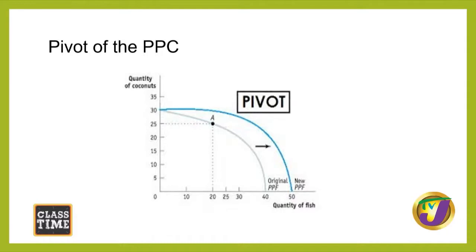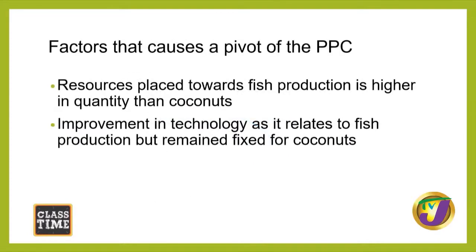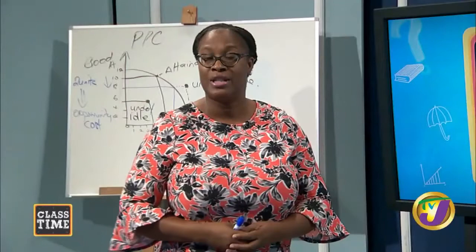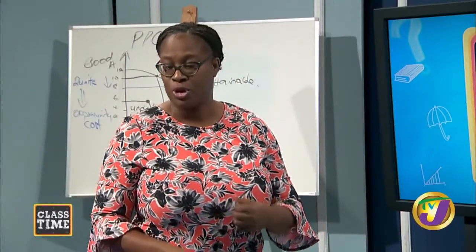So what you will find in this situation is that all the factors that we spoke about that will cause an outward shift of the PPF, it's happening for fish production and not for coconuts. So the resources being placed towards fish production is probably higher in quantity, or there's an improvement in how we can catch fish and process it, and everything else remains fixed for coconuts. And so coconuts will remain constant, but fish production will increase.